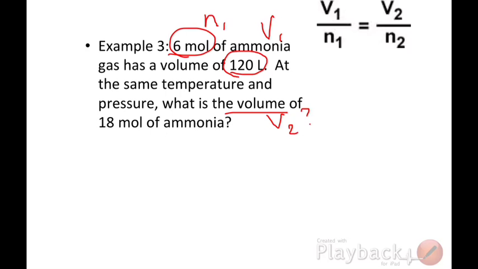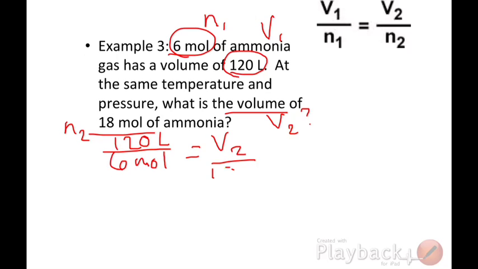That's the part we don't know. 18 moles is going to be our N2. So we can just go ahead and set this up. 6 moles is going to be right here. 120 liters equals volume 2, we don't know, 18 moles.